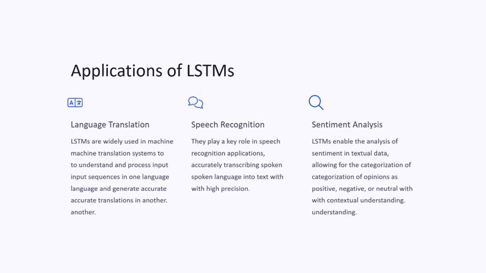They play a key role in speech recognition applications, accurately transcribing spoken language into text with high precision. And third application is sentiment analysis. LSTMs enable the analysis of sentiment in textual data, allowing for the categorization of opinions as positive, negative, or neutral with contextual understanding.